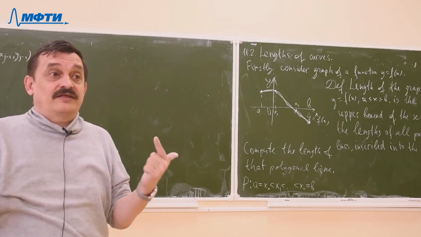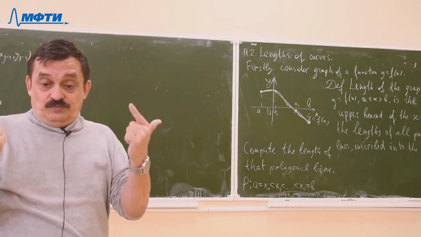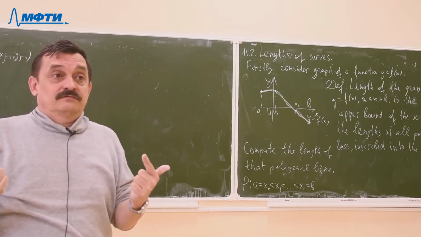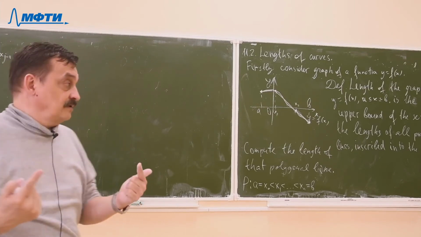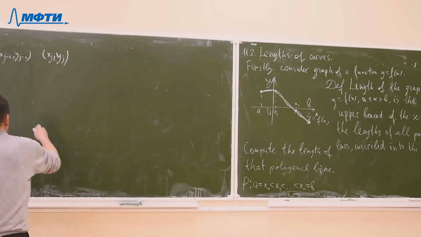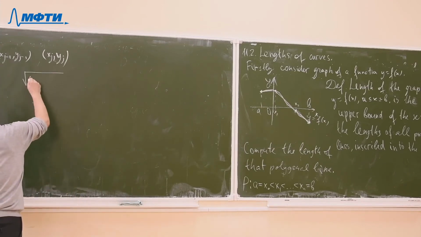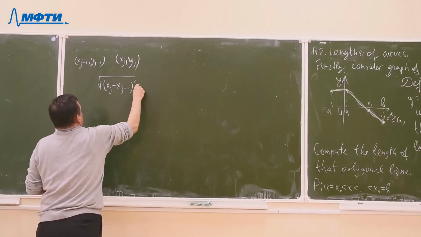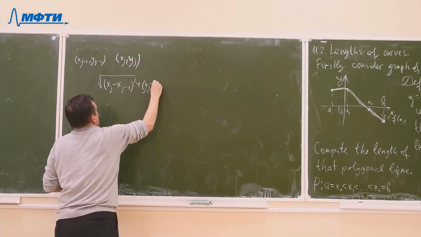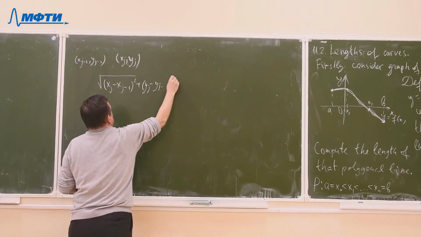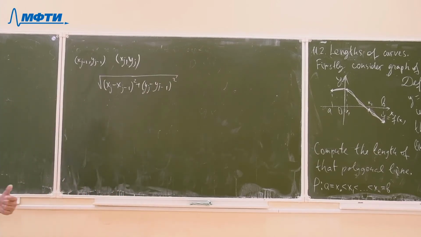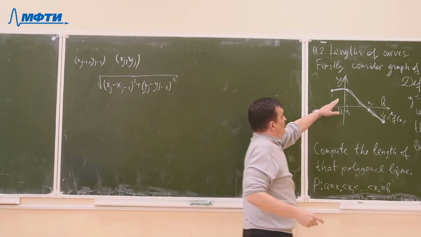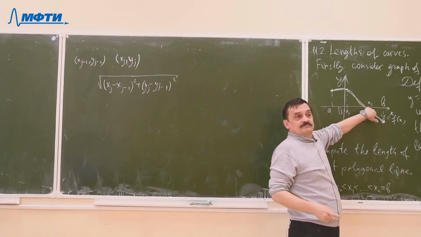What is the length of this piece of straight line? It is the distance between those points, right? That is precisely the square root of (xj minus xj-1) squared plus (yj minus yj-1) squared. That is precisely the length of this one piece.